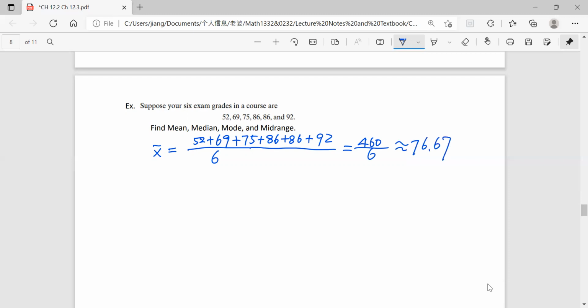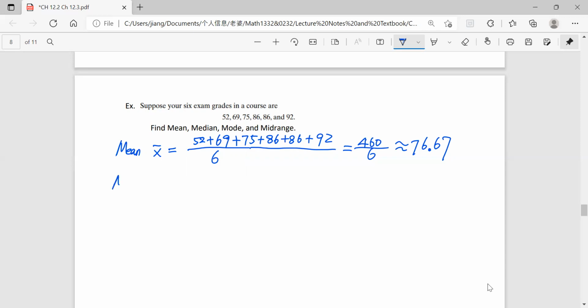So if your answer has decimals like 76.67, that's also true, because the mean, median, mode, and mid-range can also be decimals. So don't worry if you don't have integers. This is the mean.